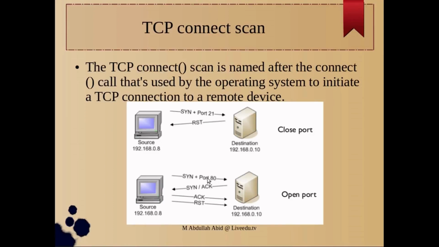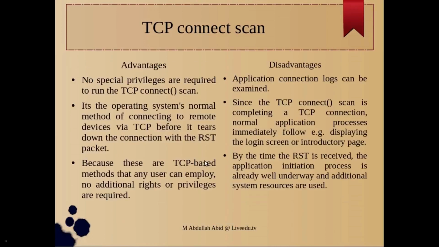So it will have a reply of SYN plus ACK. ACK is another flag. So SYN plus ACK, 2 flags are active here, and it is the response. So the source has the response. This verifies the port is open with the presence of this ACK.